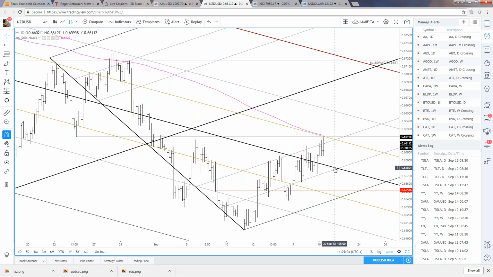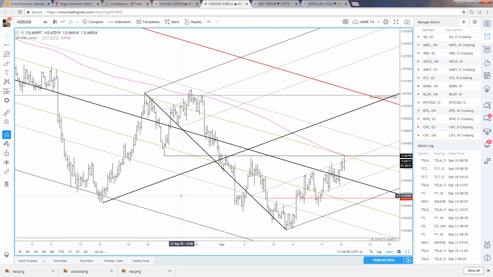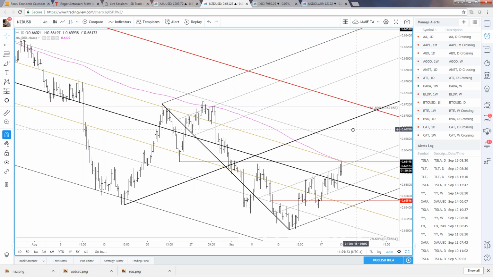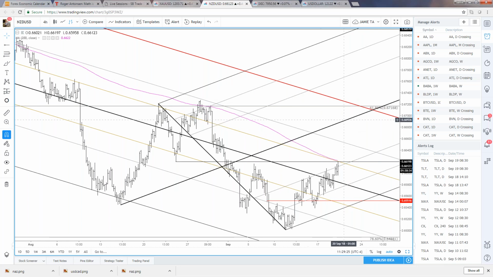So it's 65.80 roughly. And you'll notice that I've got something drawn here that you might kind of question, right? You say, like, Jamie, how do you have this fork drawn when we obviously haven't touched the median line at all? So you can't possibly verify this.